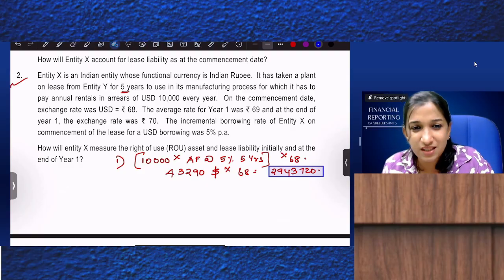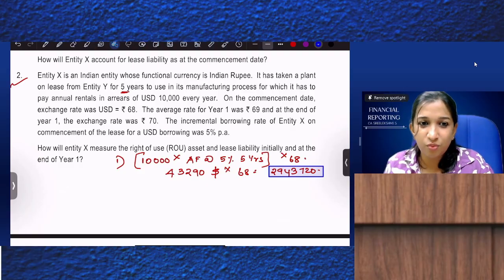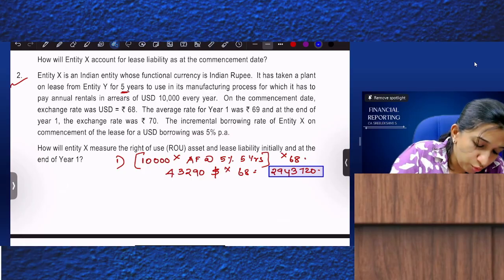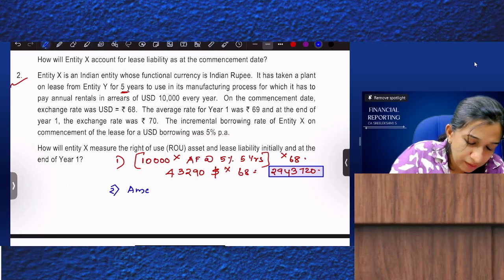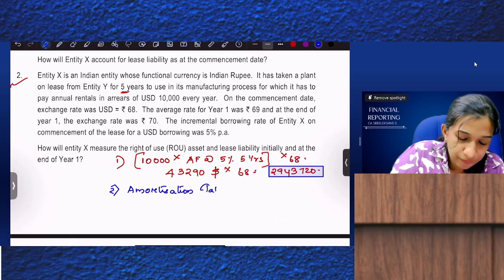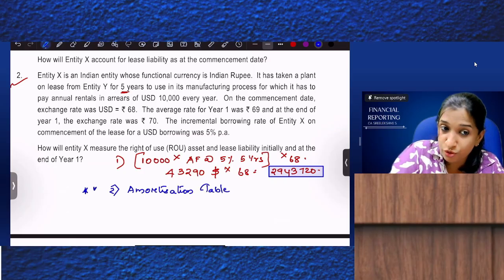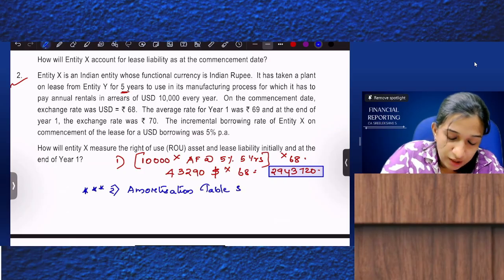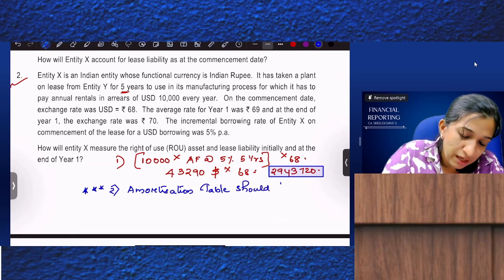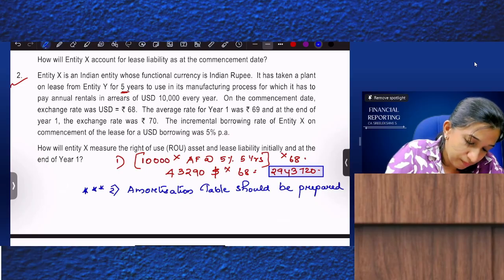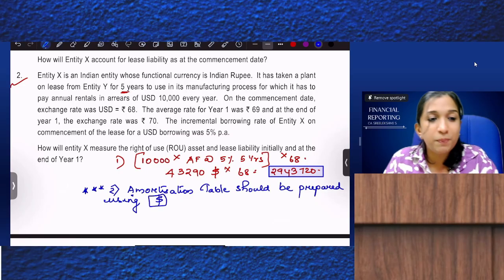300 rupees difference, that's fine. Now to prepare the amortization table, this is the rule that I want you to remember: the amortization table should be prepared in dollars.